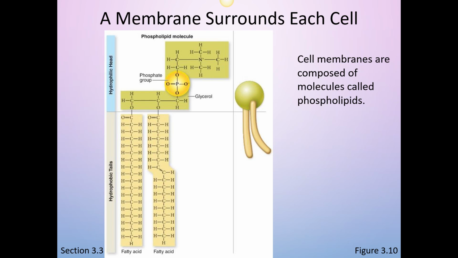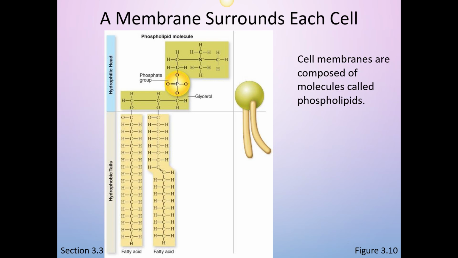Now some organisms have an inner membrane that's the phospholipid bilayer, and then an outer membrane that's part phospholipids and part something else. So those organisms, though, still have at least one membrane that surrounds them that's made up of a phospholipid bilayer.